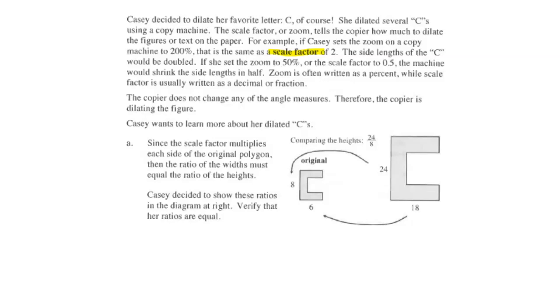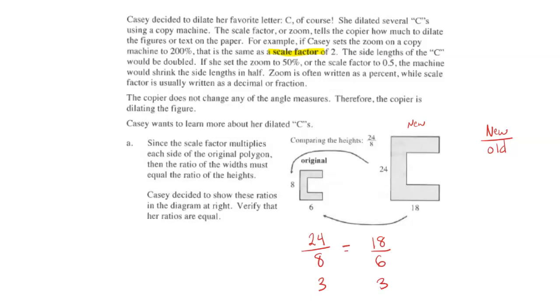If we take a look at these two letters, here's the original C, and this is the new one. If we compare our heights, anytime we compare heights, we always put our new over our old. Notice that 24 over 8 reduces down to 3, and 8 over 6 also reduces down to 3.